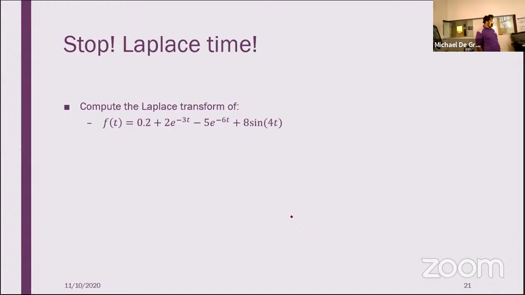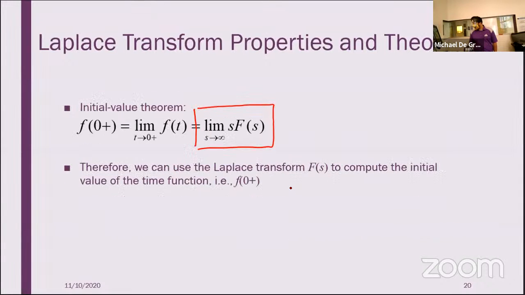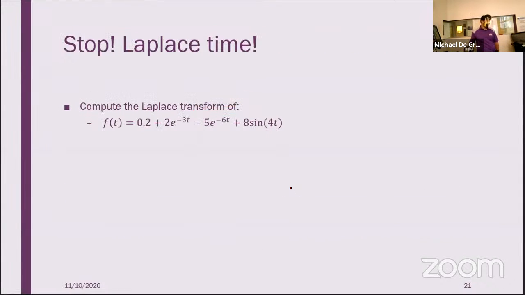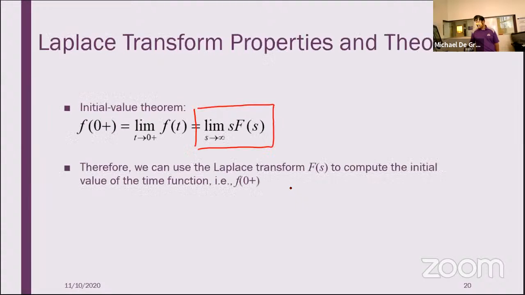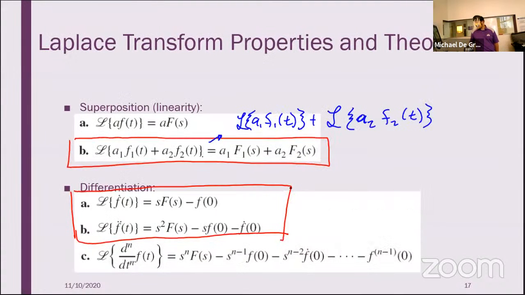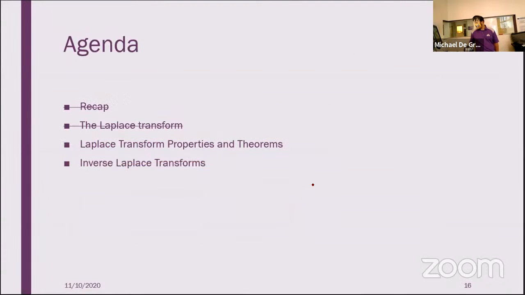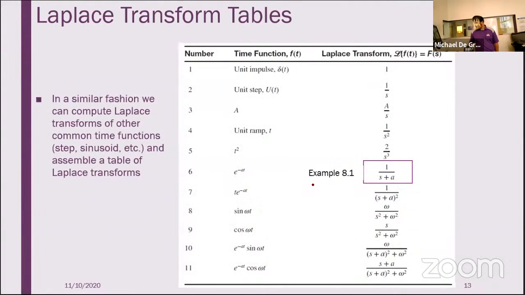Am I expecting you to do this all by hand? No. Use the table. Use your incomplete table. Go online, type into Google the Laplace transform table. You know what? Did everybody get a chance to copy this down? Okay. Well, I'm going to put this up for you guys so that we can do this. There you go.